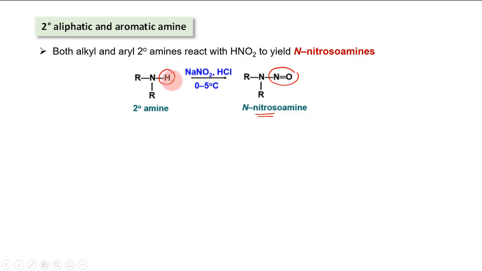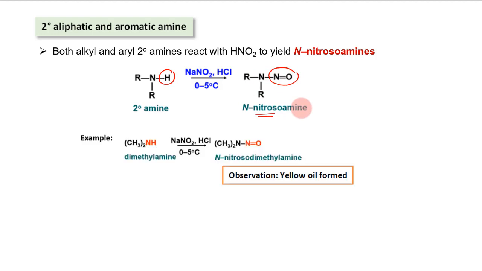So the hydrogen is substituted with N double bond O, giving an N-nitrosoamine. For example, if you have dimethylamine, the hydrogen is replaced with this N double bond O, and for the observation, you're going to see a layer of yellow oil form.